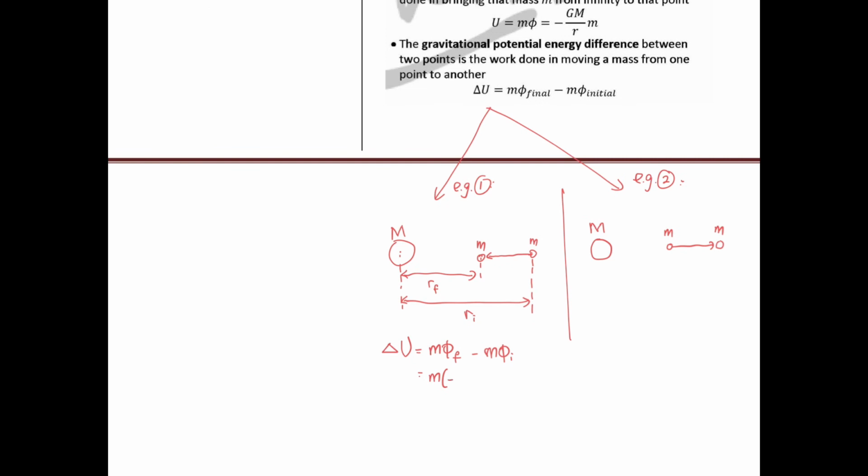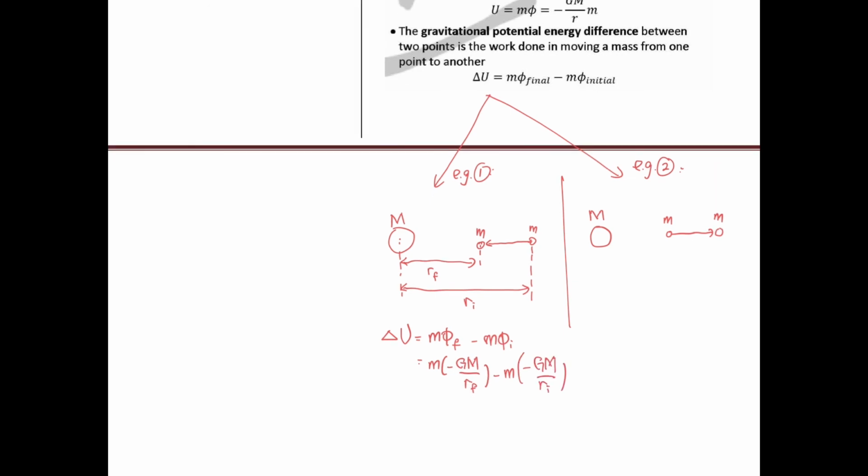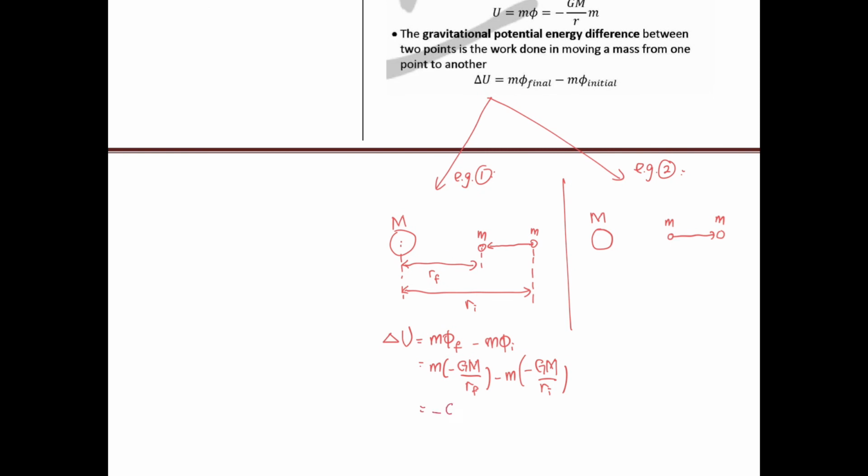So minus GM over R final minus, minus GM over R initial. Okay, so simplify it. Minus GM M over R final plus GM M over R initial.